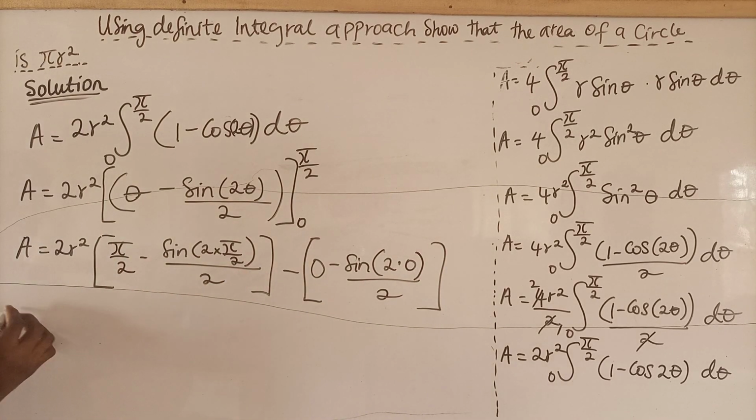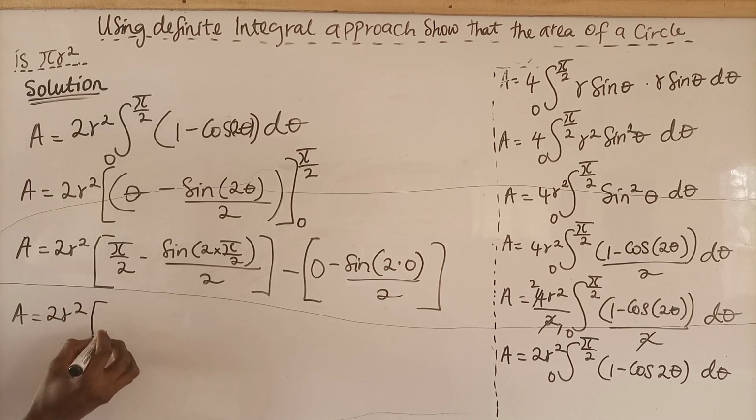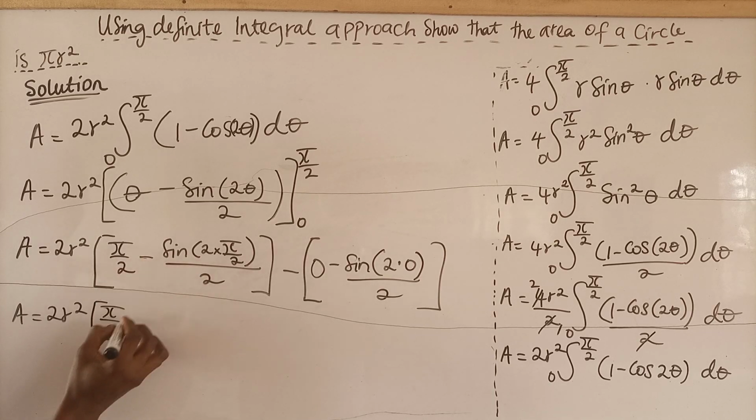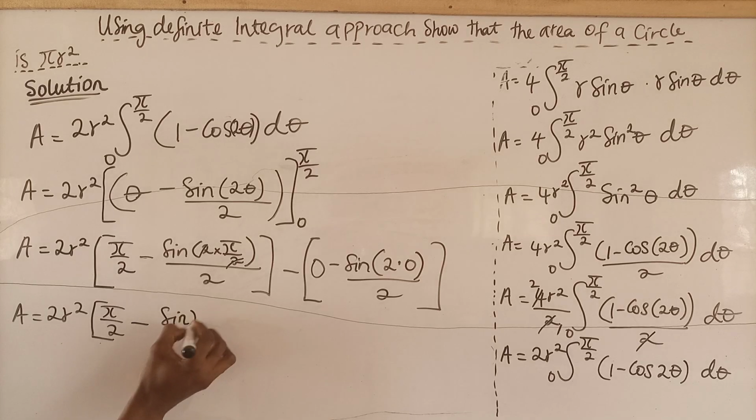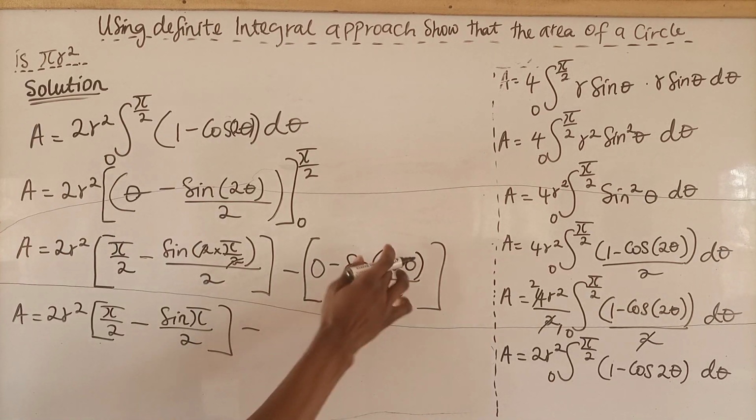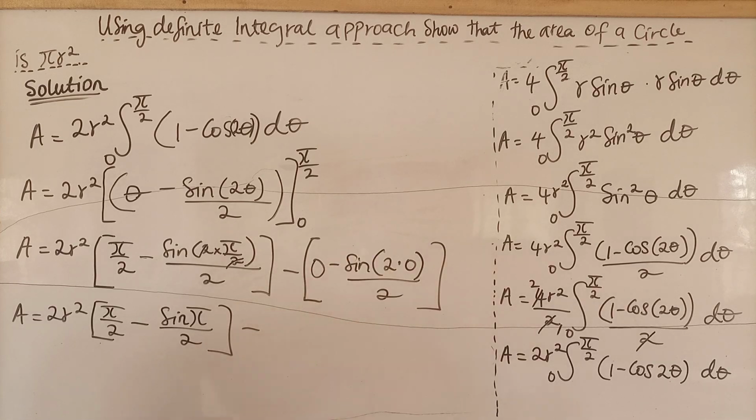So area is equal to 2r squared bracket pi all over 2 minus sine pi all over 2, minus 2 times 0 is what? 0. Sine 0 is what? 0. 0 divided by 2 is what? 0. 0 minus 0 is what? 0.